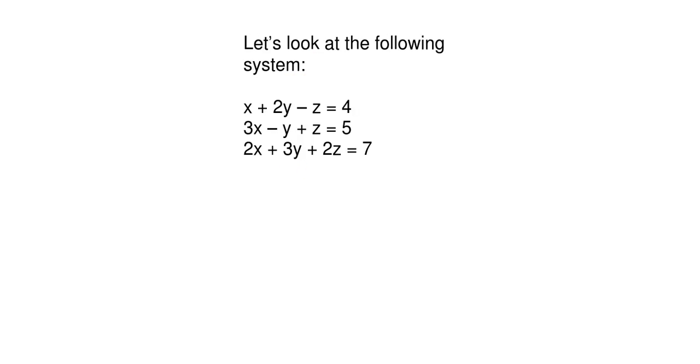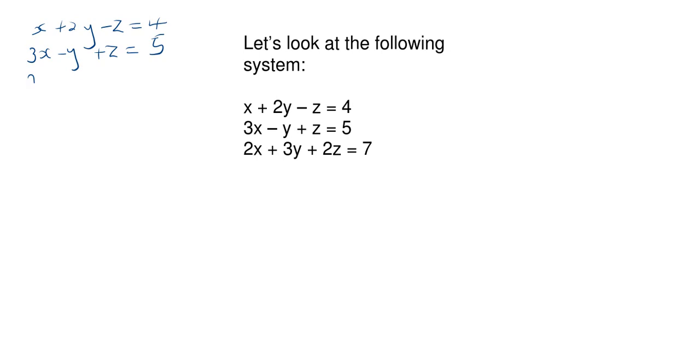This is our equations. We have x plus 2y minus z is equals to 4. We have 3x minus y plus z is equals to 5.